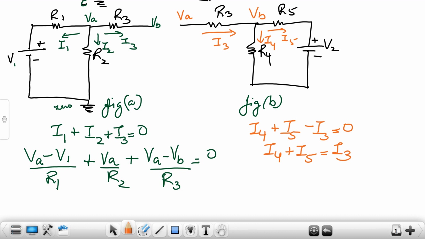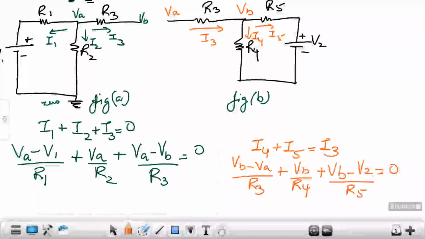Therefore, I3 is equal to I4 plus I5. We can directly say that I4 plus I5 is equal to I3, because I3 is entering the node and I4 and I5 are leaving the node. Here, VB minus VA upon R3 is equal to I3, VB upon R4 is equal to I4, VB minus V2 upon R5 is equal to I5.